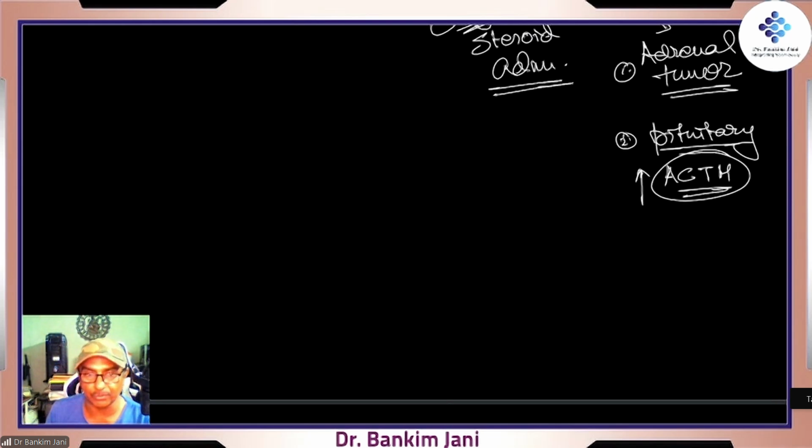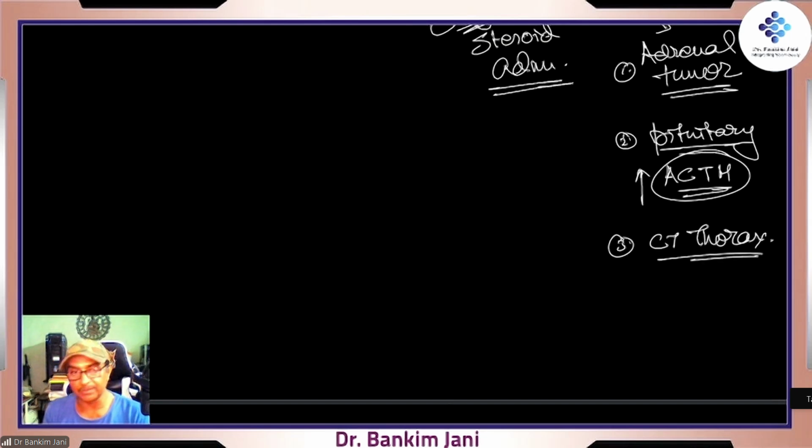If the adrenal glands are okay, then you have to go for a brain scan, because you really want to see the condition of the pituitary. If that is also normal, then you go for a CT thorax. Why CT thorax?